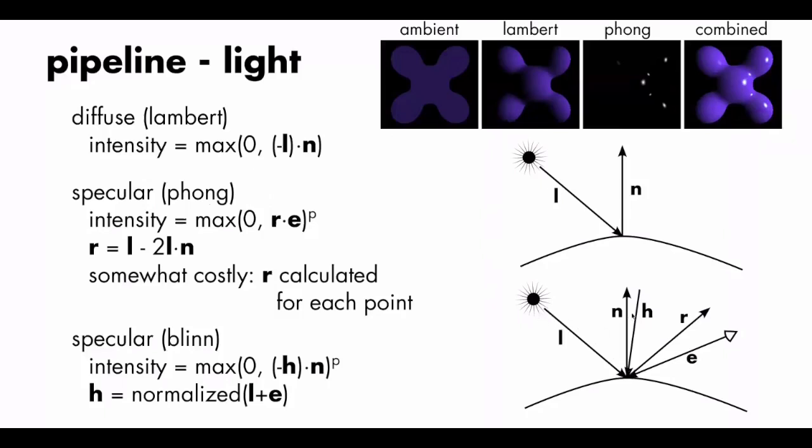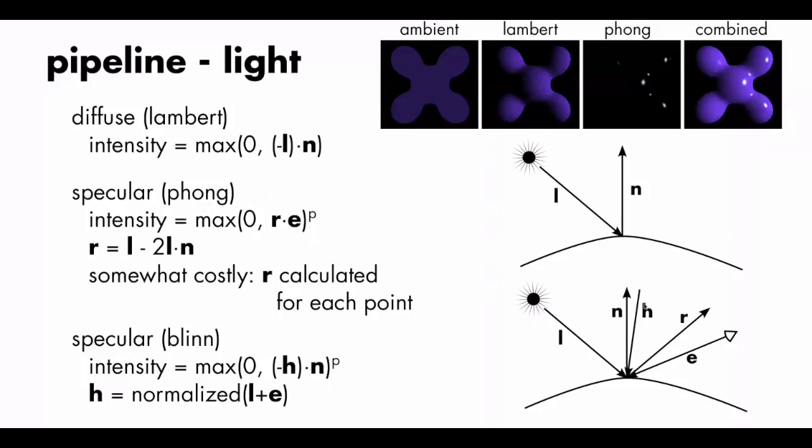You reflect the light vector along the normal vector, and you take the dot product of that with the vector from the eye to the vertex. So that reflected vector dot the eye vector, and you also raise it to a power, which gives you those little highlight spots, and you can adjust that parameter to get tighter or more diffuse spots. There is a version of that which is slightly more efficient and looks a little bit different.